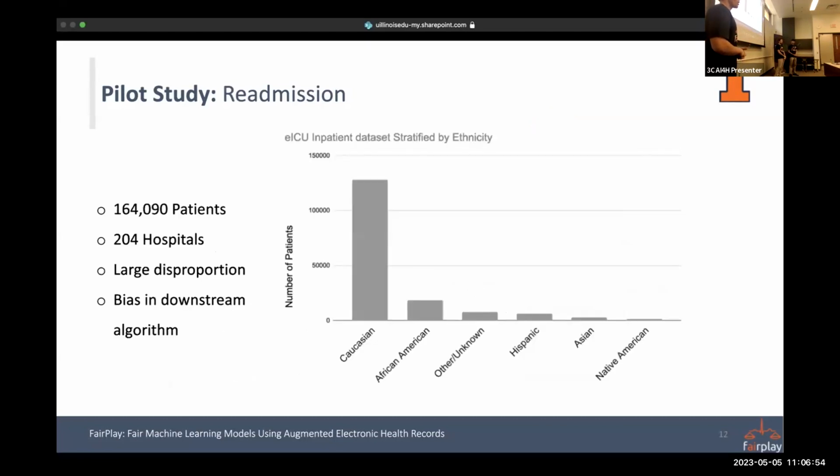So when you look at the eICU data set that was available, the PhysioNet data set, it's a public repository of 164,000 patients across 204 hospitals in the United States. When you stratify the data set by ethnicity, you can see there's a largest proportion within the populations of the data set. And the effect here is that there's very likely to be bias in the downstream algorithms which are trained on these kinds of data sets.